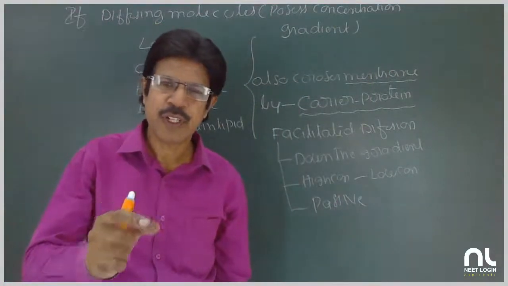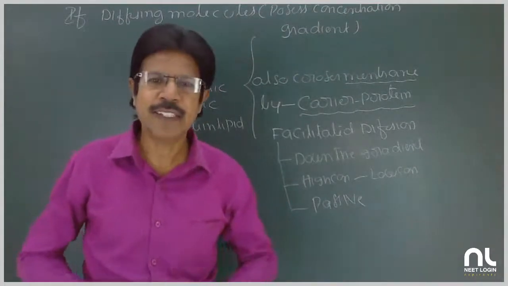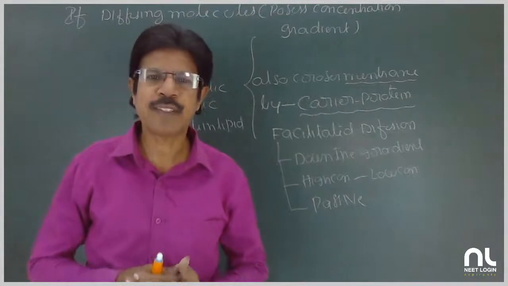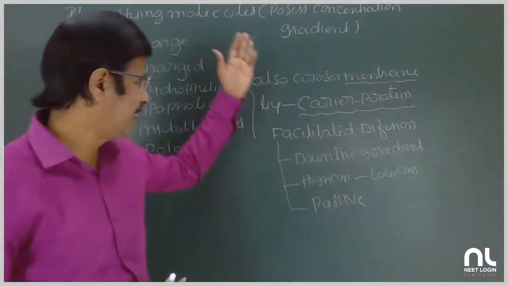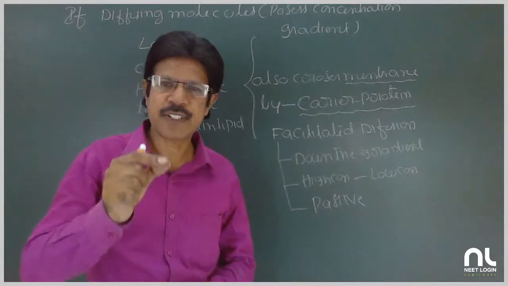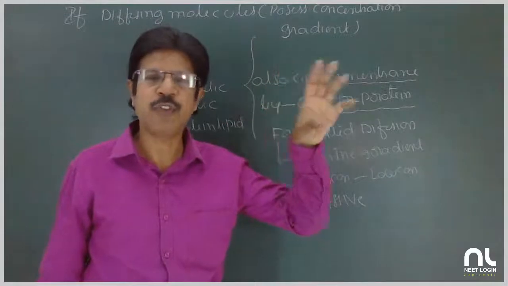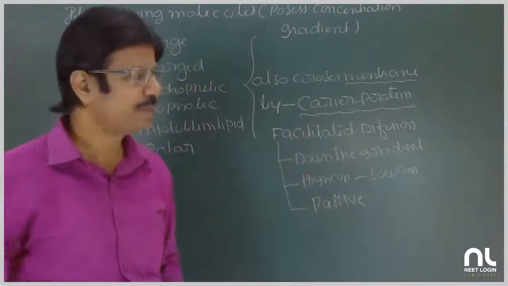The diffusing molecule should have the concentration gradient. It facilitates the process, as the molecule is unable to cross the membrane because of these characteristics. So the concentration gradient must be possessed by the molecule which is diffusing. Are you getting it?